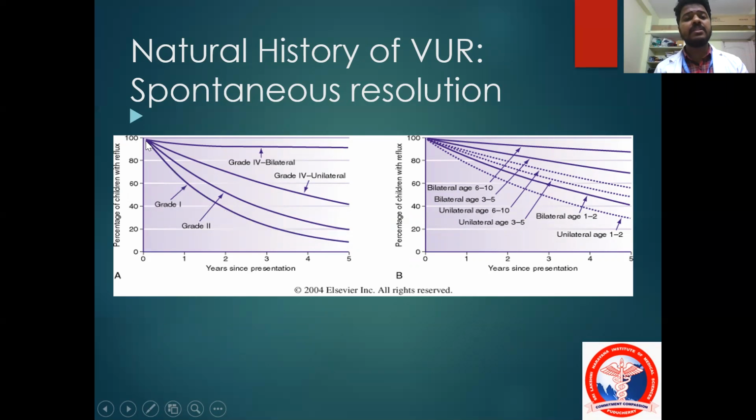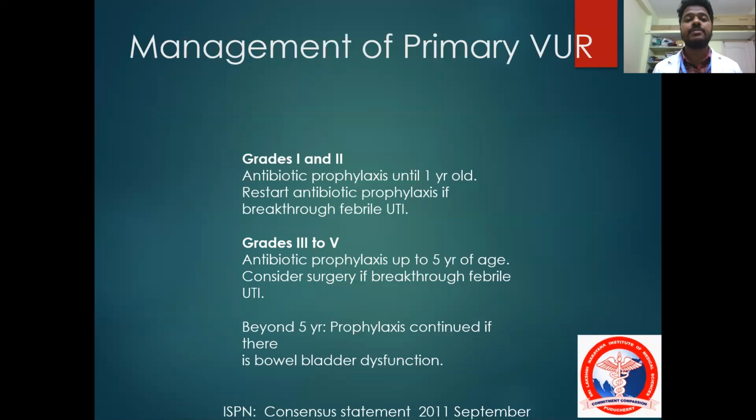After 5 years of presentation, in grade 1 VUR only 10% of the kids are symptomatic, whereas in grade 5 VUR, even after 5 years, nearly 95% of the children are still symptomatic. So this is the reason for giving prophylaxis for more time in grade 5 VUR, whereas prophylaxis for less time is enough for grade 1 VUR. That we'll be discussing in the further slides.